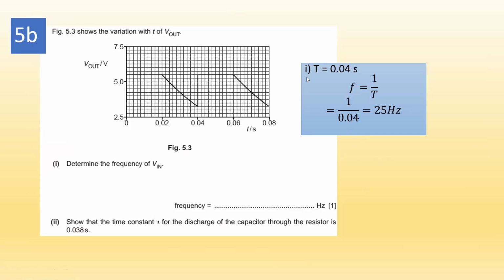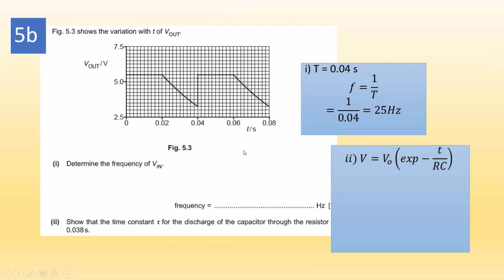How to show that? What is the time constant equal to? There's your V, there's your V naught. After a time of 0.02, that's your time.